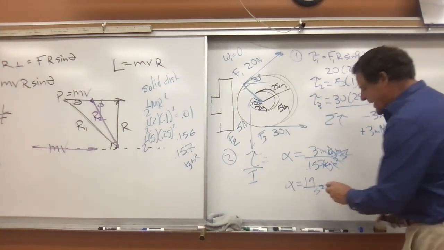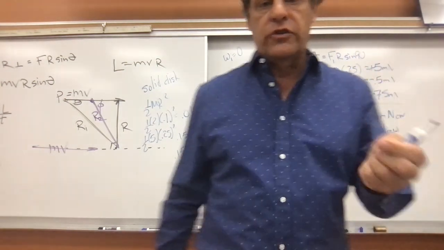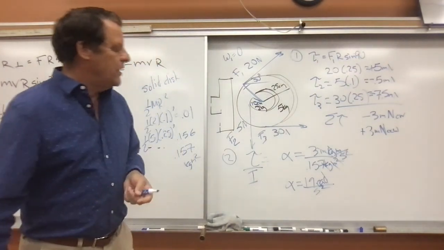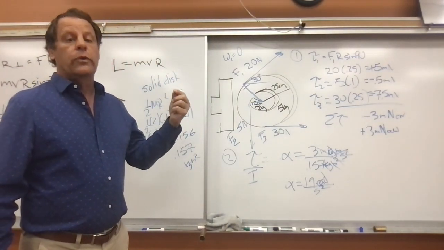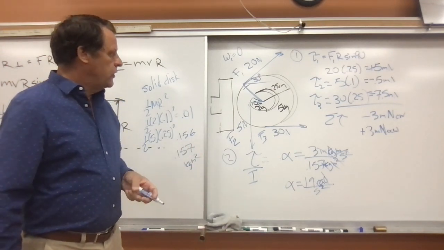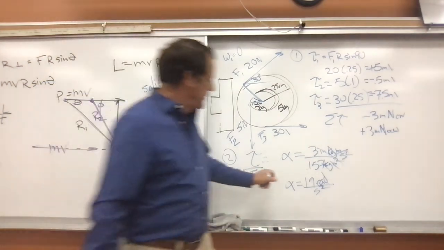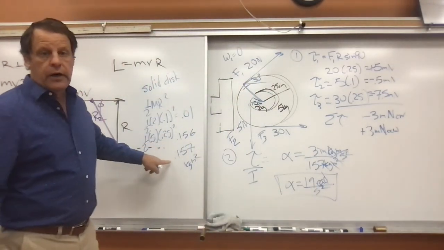And remember that even though radians is a dimensionless unit, we kind of put it in there to talk about how the angle would be changing with respect to time squared. All right, so this would be our second answer.